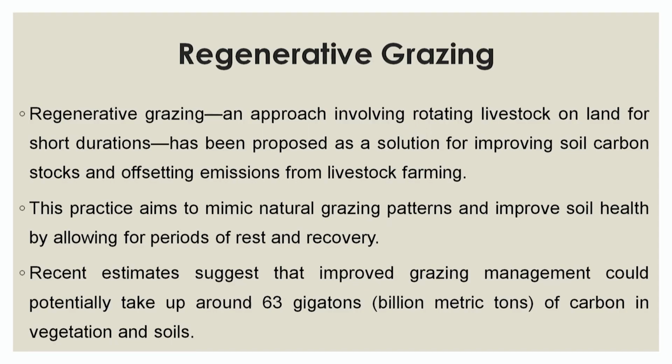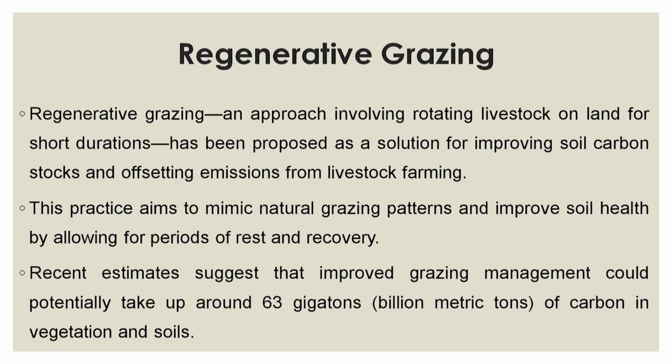Then coming to regenerative grazing, which is again an important aspect of this carbon sequestration. Regenerative grazing is an approach involving rotational grazing on a land for short durations and has been proposed as a solution for improving the soil carbon stock and offsetting the emissions from livestock farming.